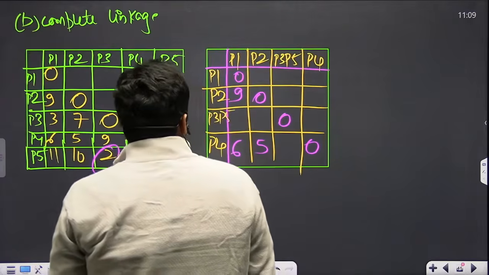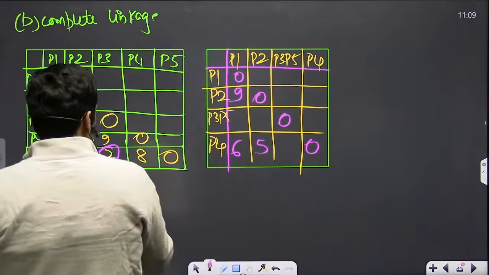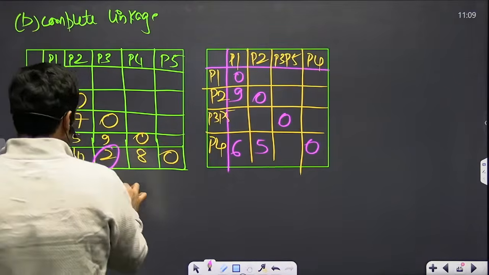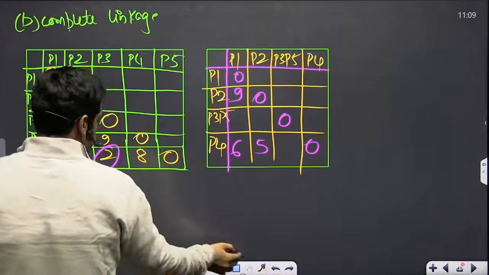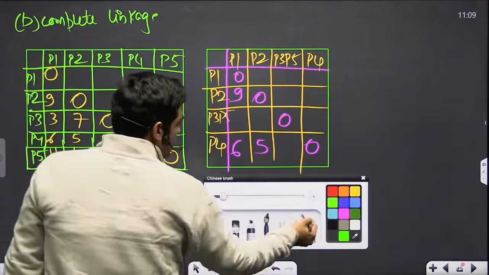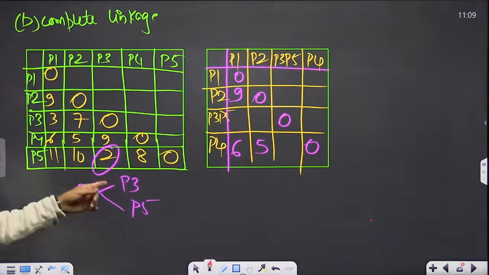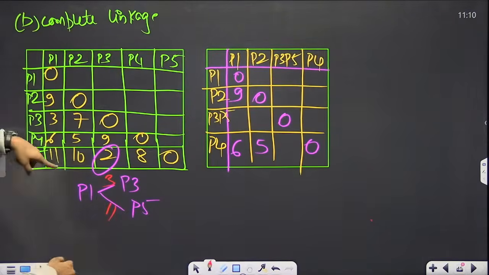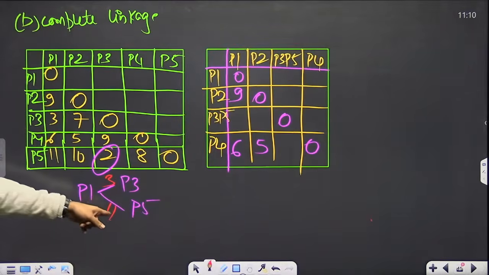Now we have to find the distance from P1 to P3 and P5. Remember here that the distance between P1 to P3 is 3 and P1 to P5 is 11. So instead of taking the minimum one, I would be taking the maximum one.